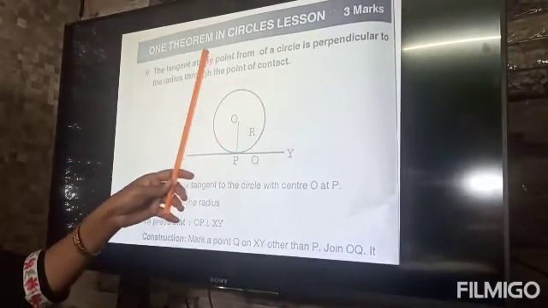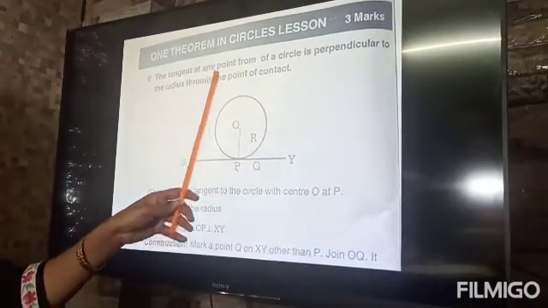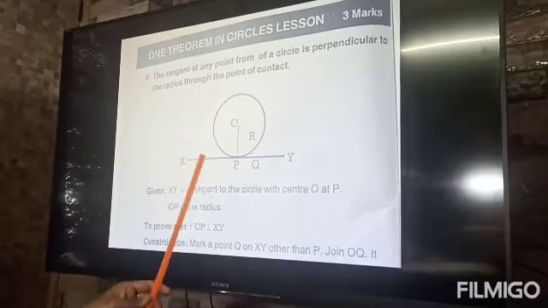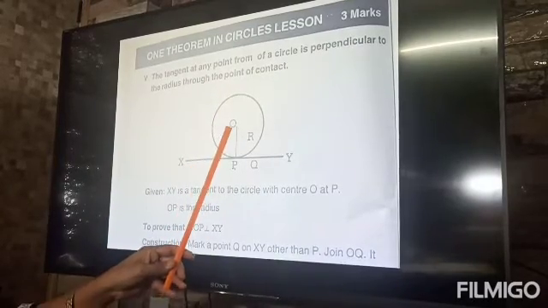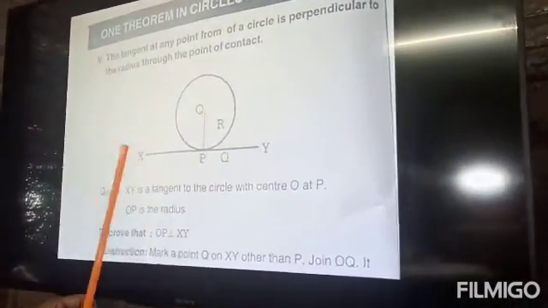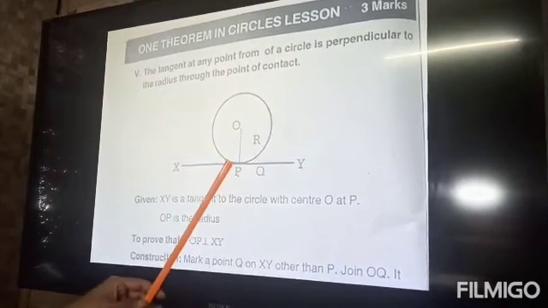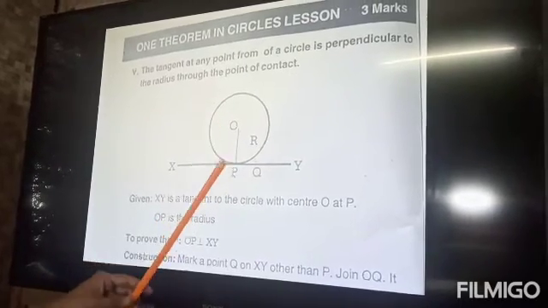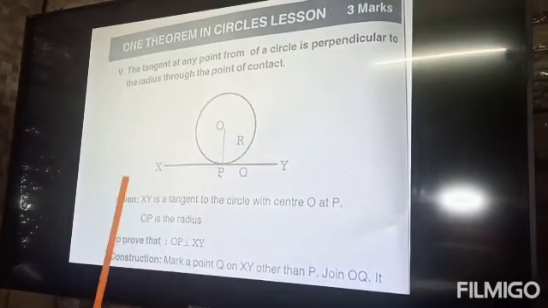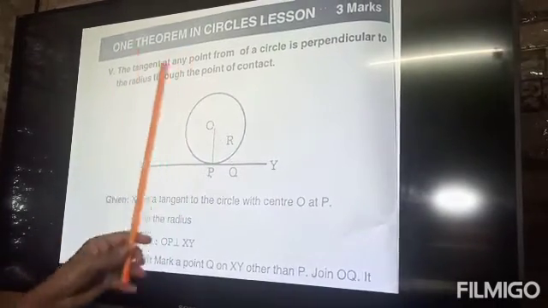According to the statement, I have to draw a circle with center O, XY is the tangent, and OP is perpendicular at the point of contact. This is the diagram I have to construct according to the statement.